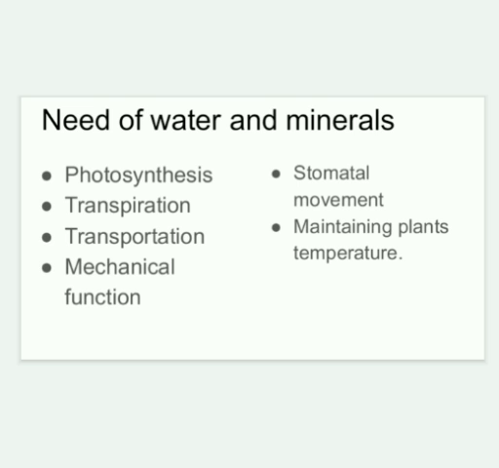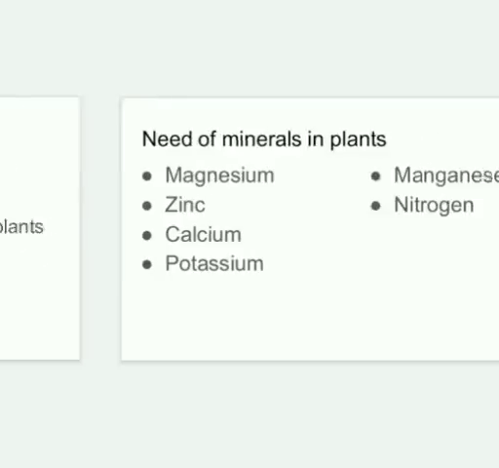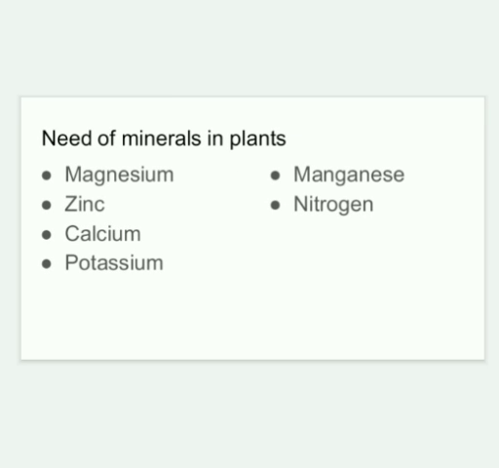And the next one, the need of minerals in plants. Minerals absorbed by the roots are required by the plants for the following purposes. The first one, magnesium, is essential for synthesis of chlorophyll.